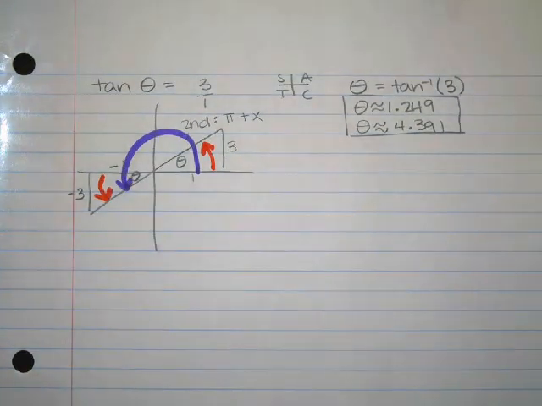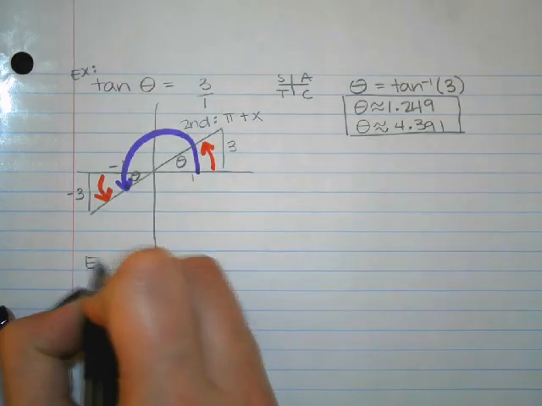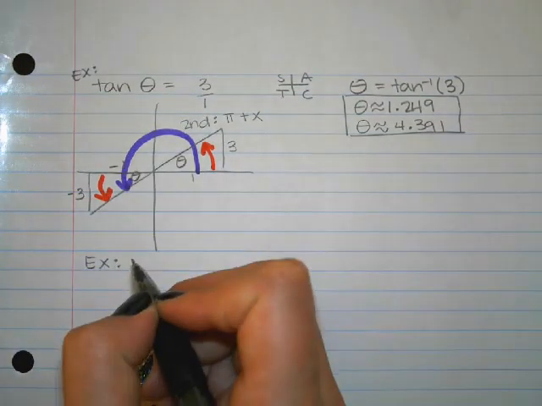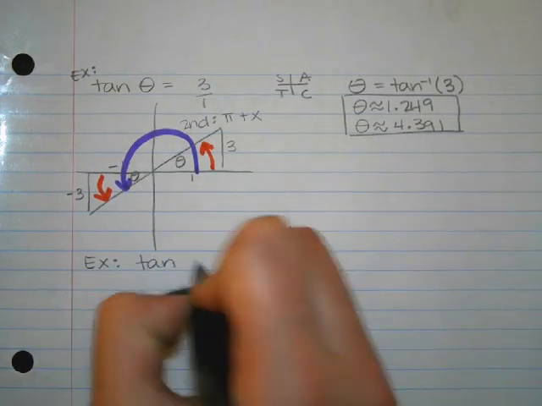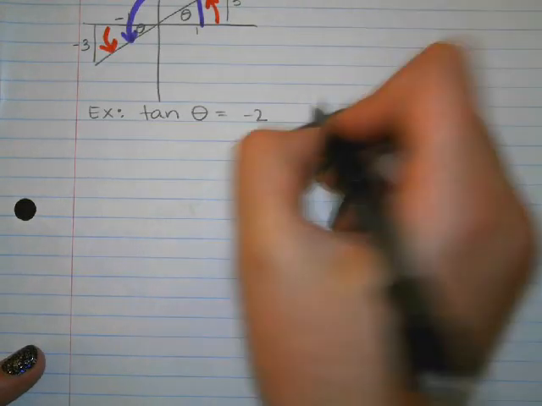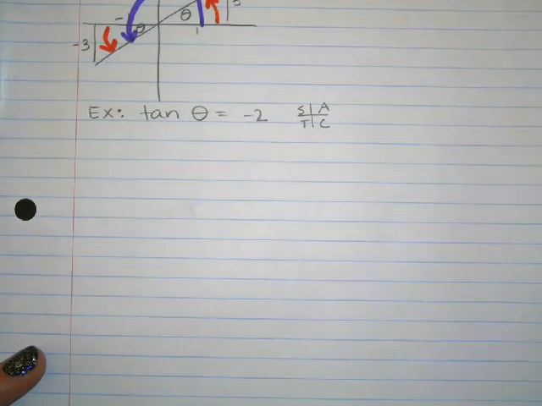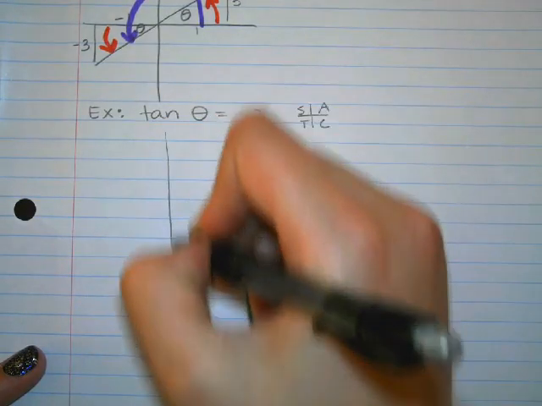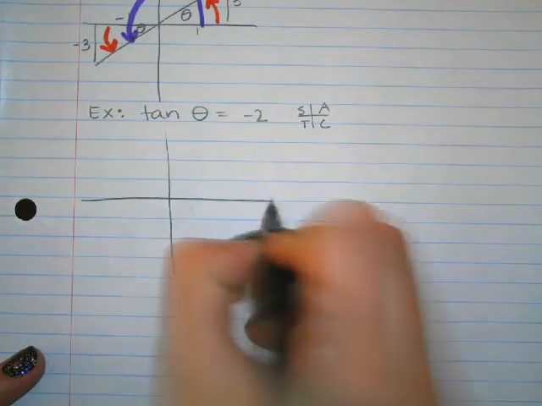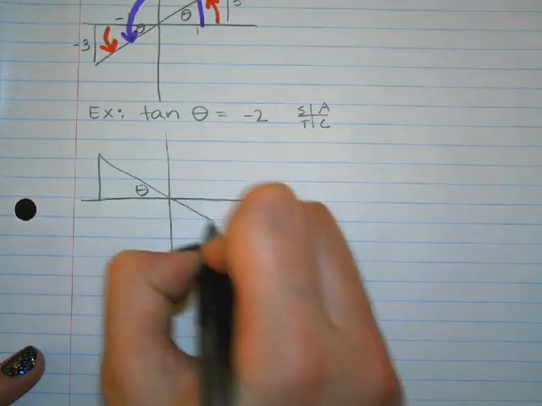Okay, and then one last example. This time I'm going to do tan theta equals -2. So now we're saying "all students talk constantly," and we're going to draw the quadrants where tan is negative, which is quadrant 2 and quadrant 4.